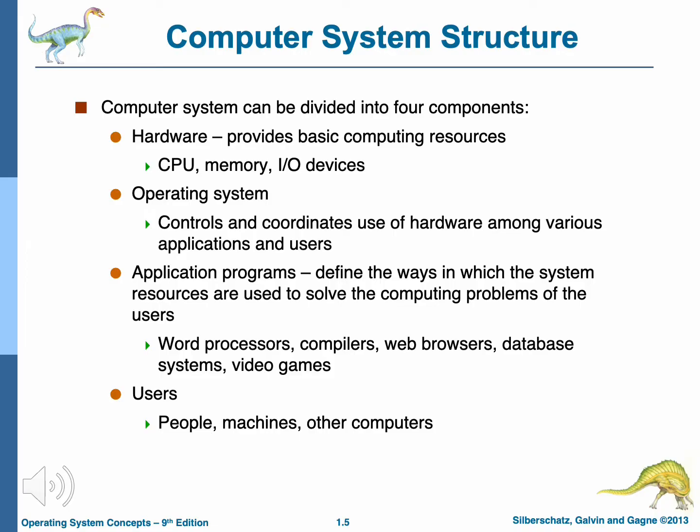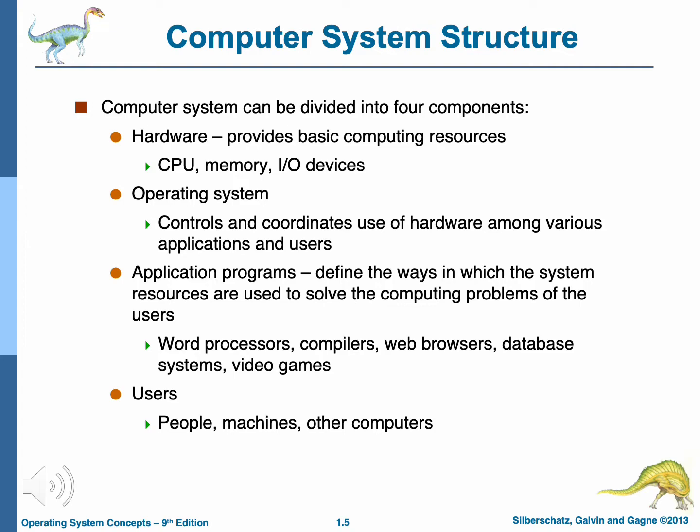The application programs, such as word processors, spreadsheets, compilers, and web browsers, define the ways in which these resources are used to solve users' computing problems. The operating system controls the hardware and coordinates its use among various application programs for the various users.